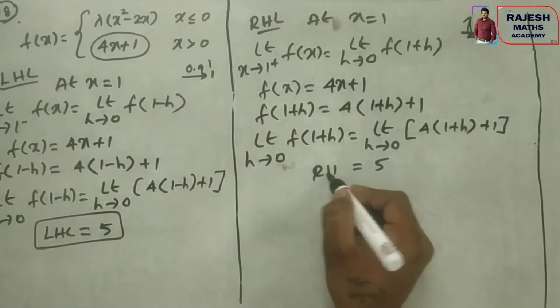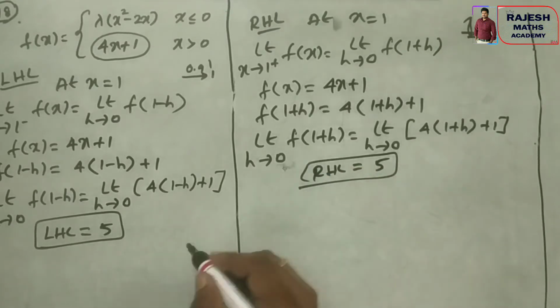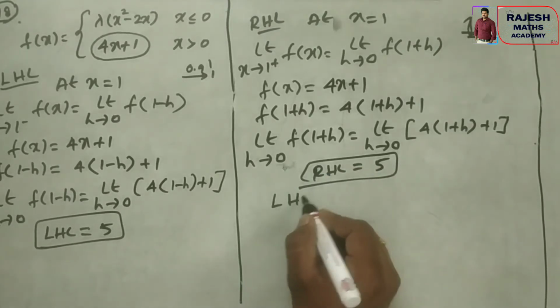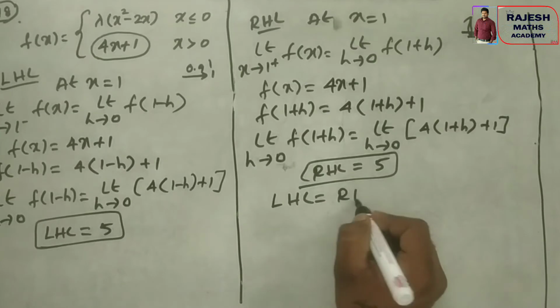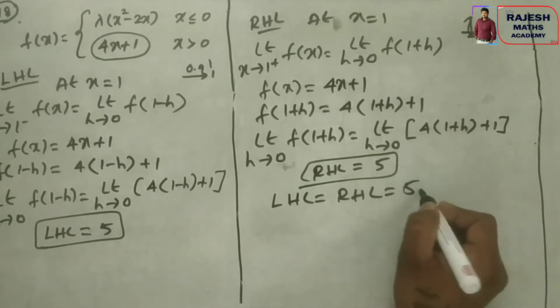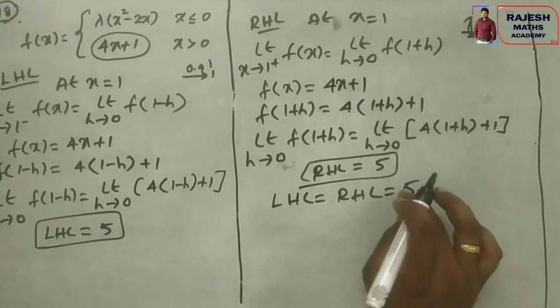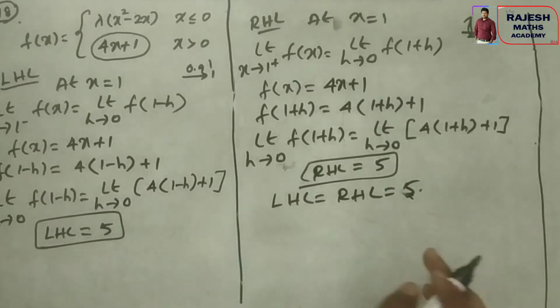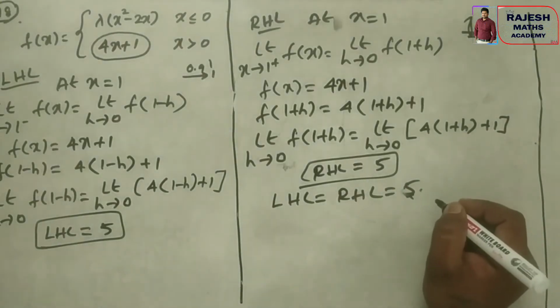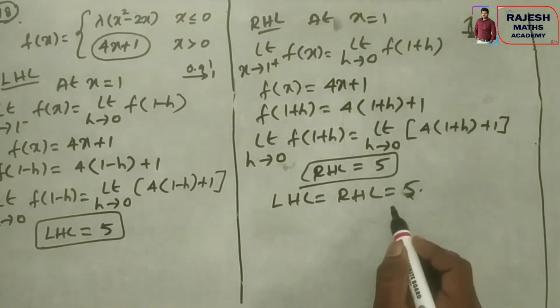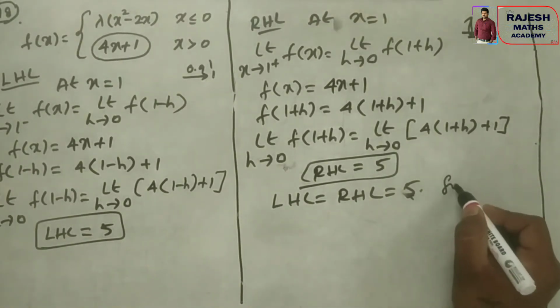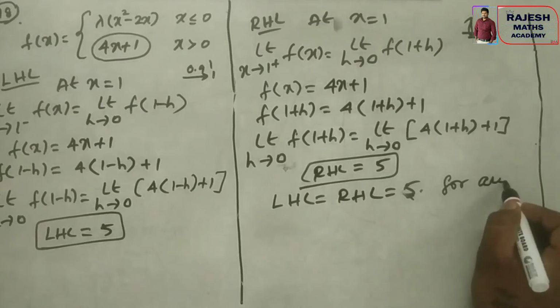So my RHL is equal to 5, LHL also 5. So I can say that LHL is equal to RHL, that is equal to 5. Here this 5, both LHL and RHL, is independent of lambda. So I can conclude that LHL is equal to RHL equal to 5 for any value of lambda.